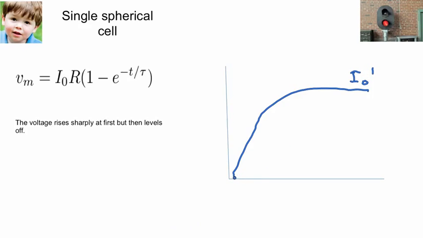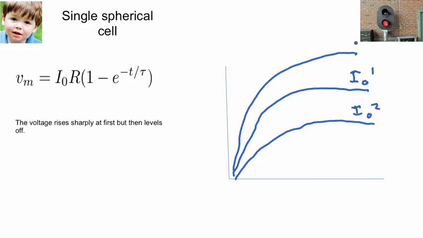If I give a lower stimulus, it'll go like this, a lower current during the stimulus. If I give a greater current stimulus, it goes up higher, but it will level off again. That's what one sees in an equation of this type. If you think about it, as time goes by, you'd say for Vm here, time there.